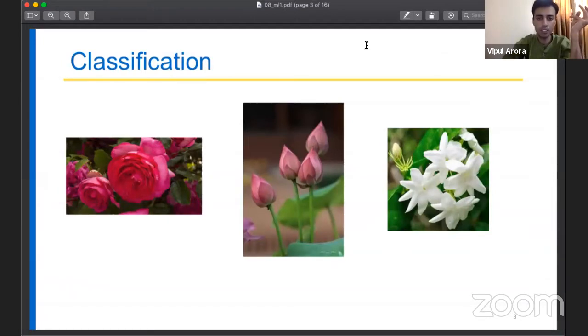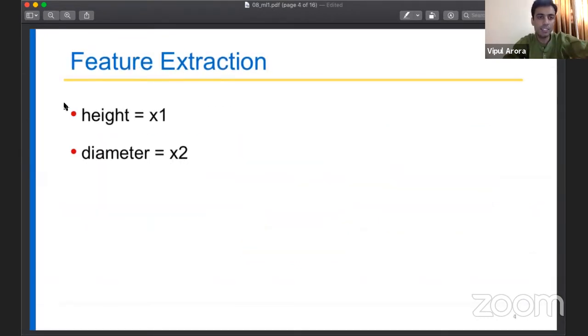And my input is, let us say, these images. But now these images are very high dimensional and a lot of processing is required. So I can represent this as a lower dimensional thing. Let's say I just extract the height of the flower and the diameter or the width of the flower, x1 and x2, and I just use this information as the input to my model.